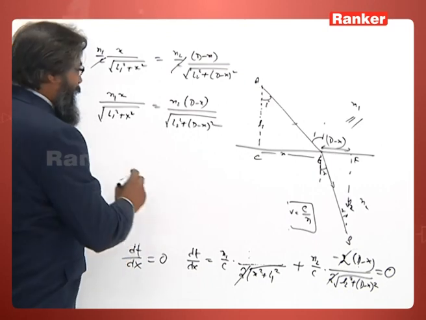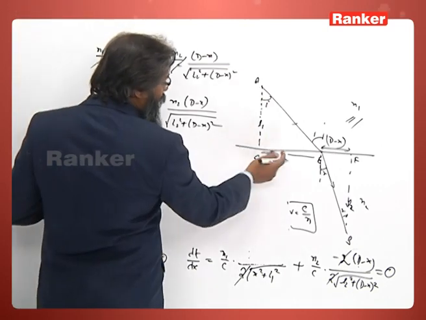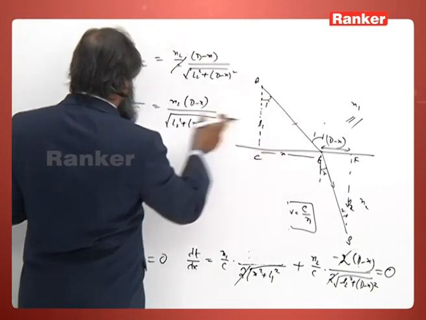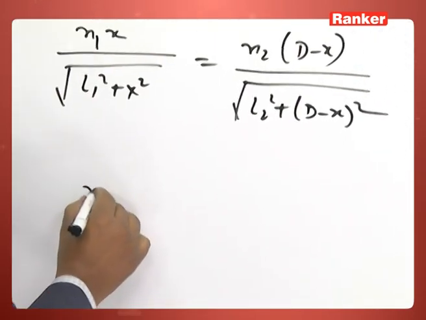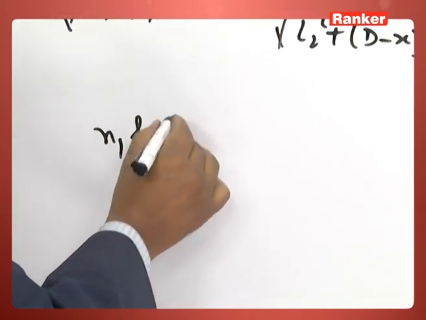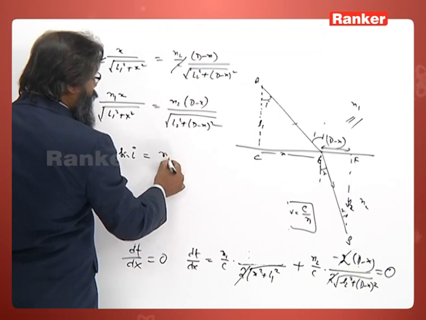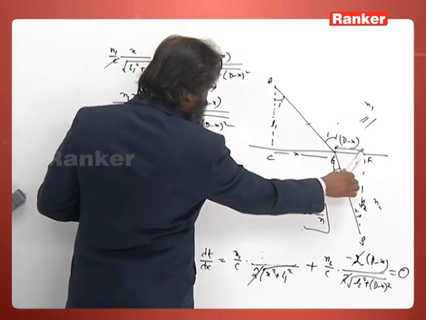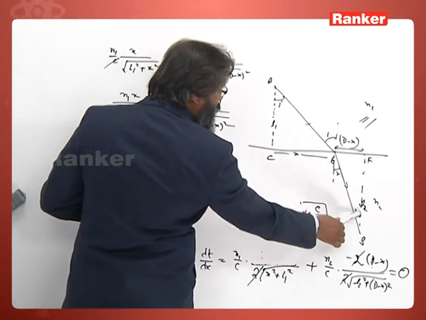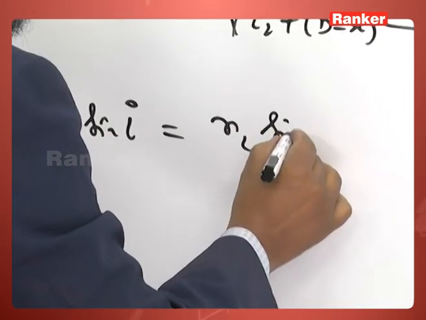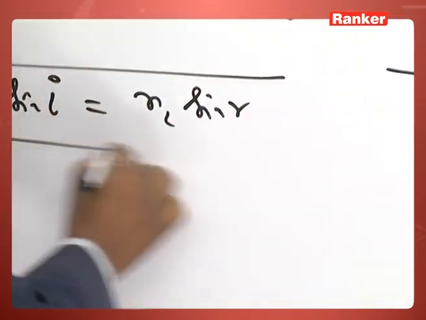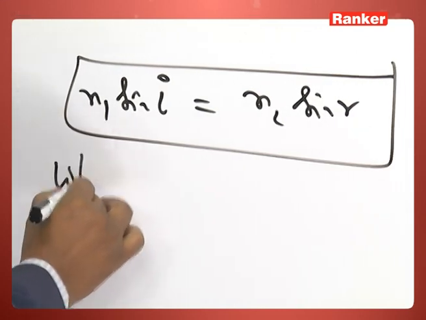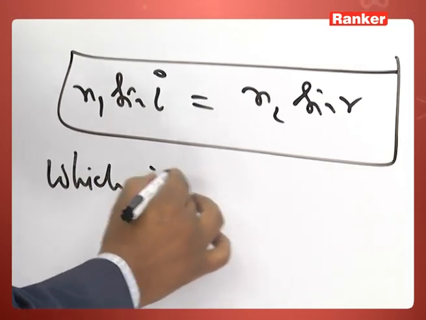Now you see here, x upon this is sine i, so we get n1 sine i equal to n2, and d minus x upon this is sine r, which is Snell's law.